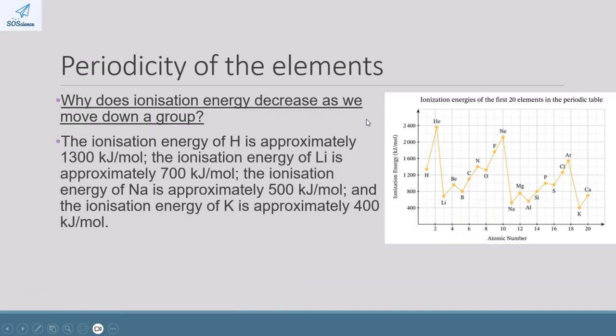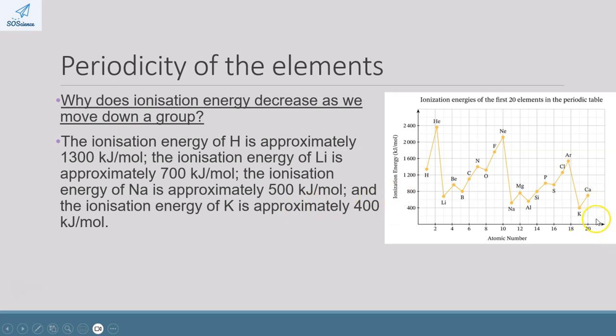So let's come back to the question. If we read the values off the graph, we can see that the ionization energy of hydrogen is about 1,300 kilojoules per mole, and of lithium is about 700, and then sodium is about 500, and potassium is about 400.